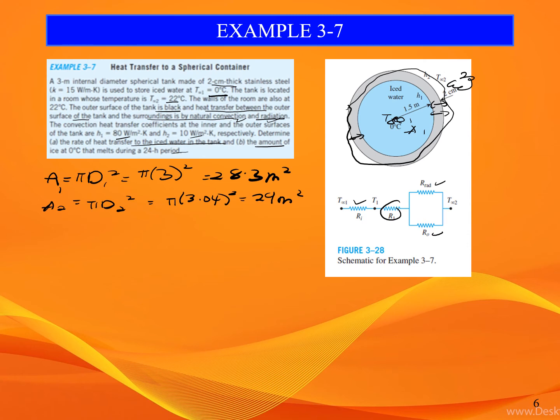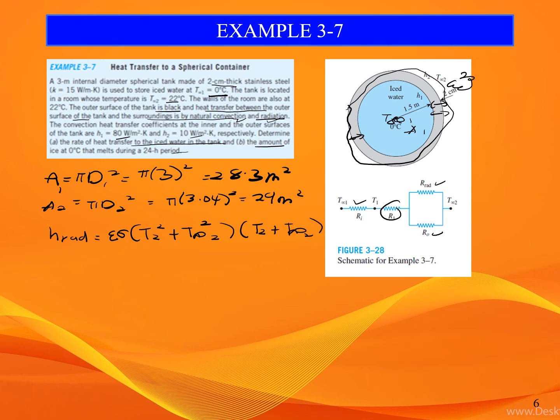Okay, next we have to find the heat transfer coefficient for the radiation. So H rad, taking back the equation that I mentioned inside the slide just now: emissivity, Stefan-Boltzmann constant, T2 squared plus T infinity 2 squared, times T2 plus T infinity 2.